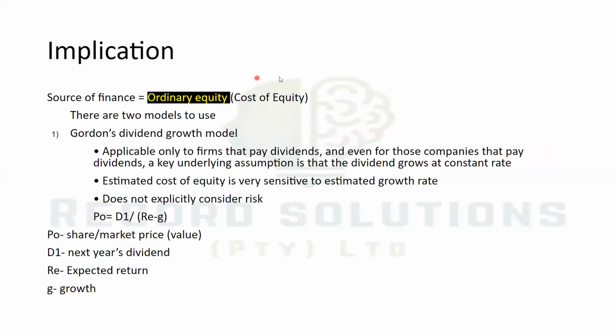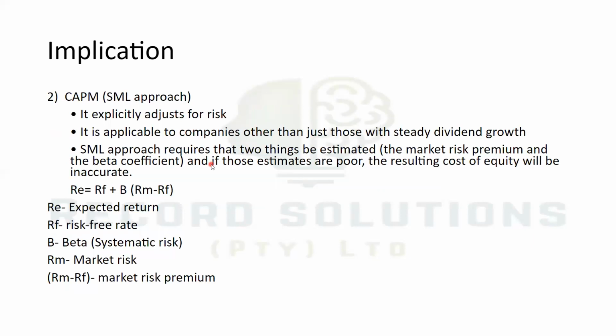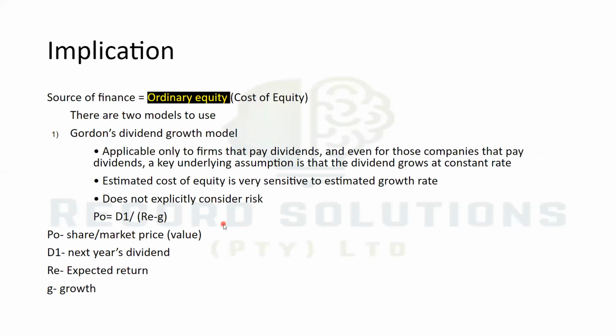Like I said, in most questions, they'll just give you information relating to one. So relating to this, they'll give you stuff like risk-free rates, betas, and you know that you're going to use CAPM. Or they can give you things like growth and dividends, then you know you're going to use the dividend growth model.